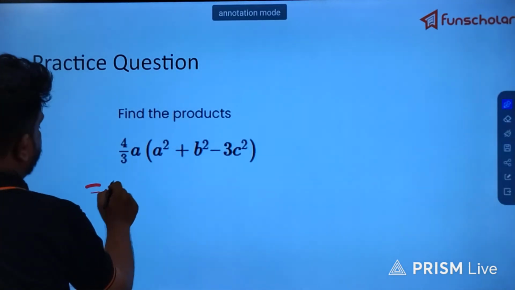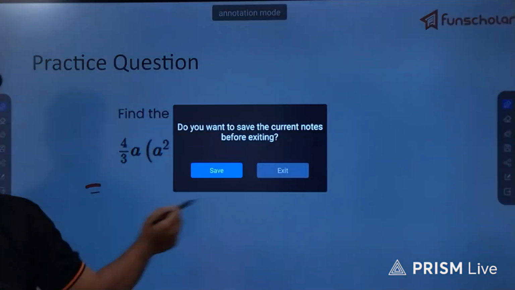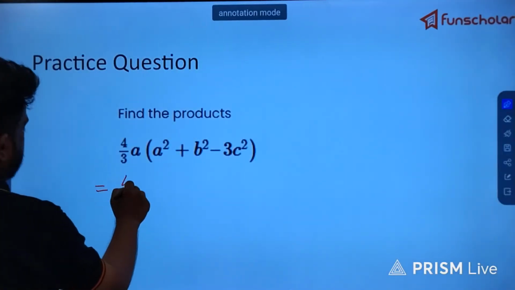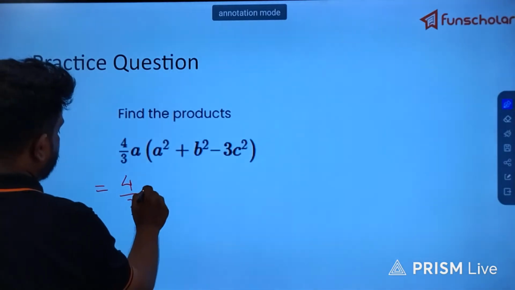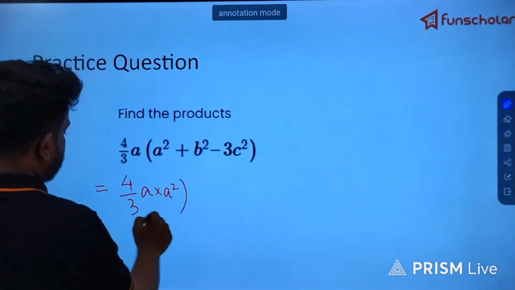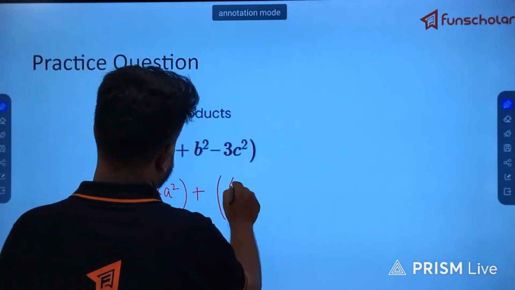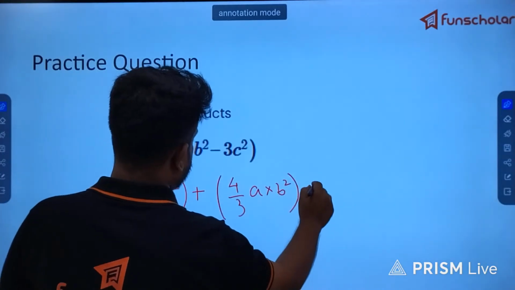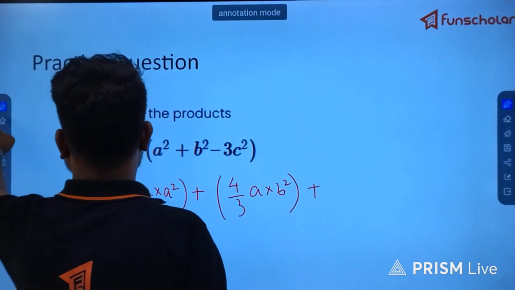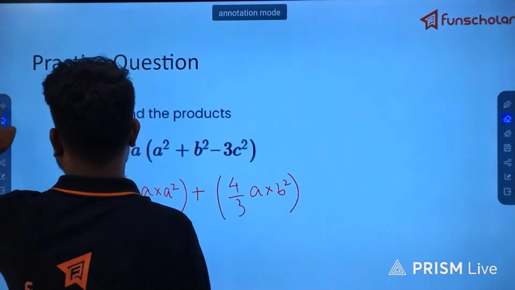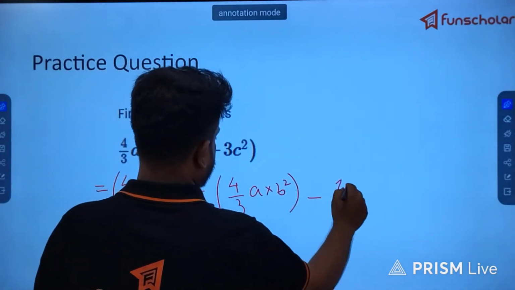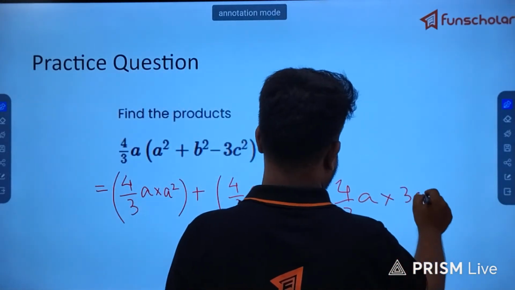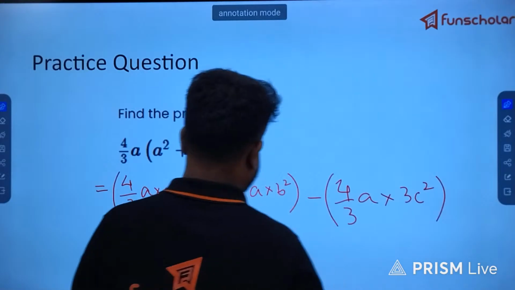So 4 by 3a into a square plus 4 by 3a into b square plus or minus, take it as the minus or write it as the minus 4 by 3a into 3c square.